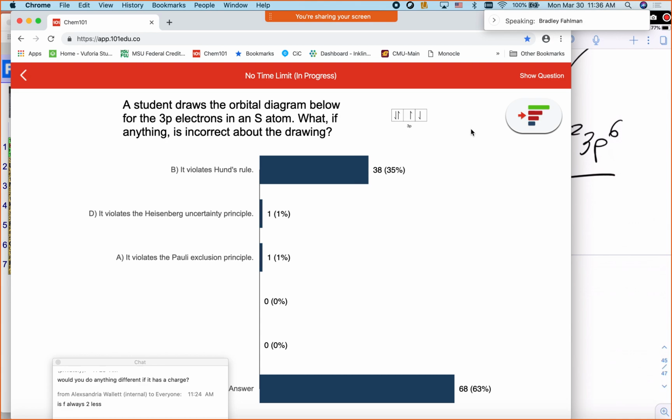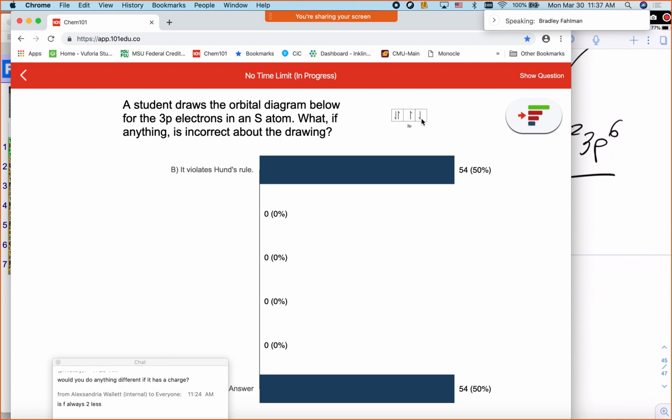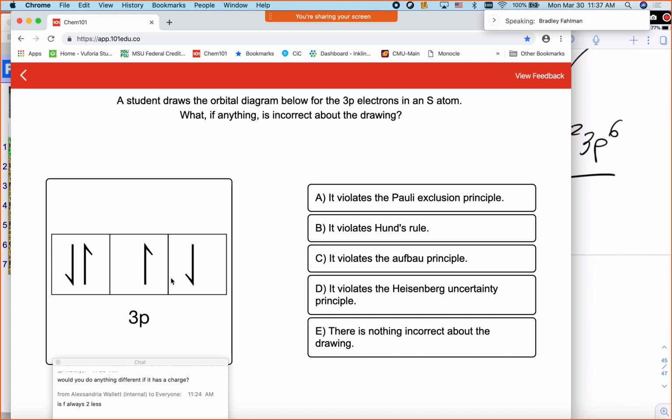So this is Hund's rule. We really didn't talk about Heisenberg uncertainty, which just relates to how you can't know its position and momentum at the same time. And Pauli exclusion principle says you can't have two electrons with the same set of 4 quantum numbers, but each of these has different numbers. So it's Hund's rule. This last electron had to be spin up. All right, good.